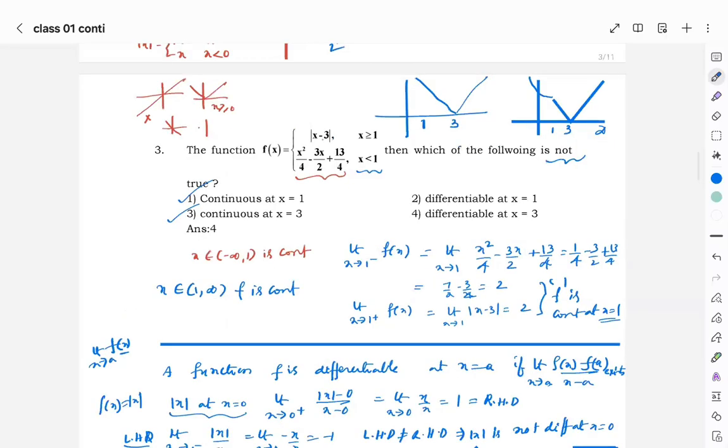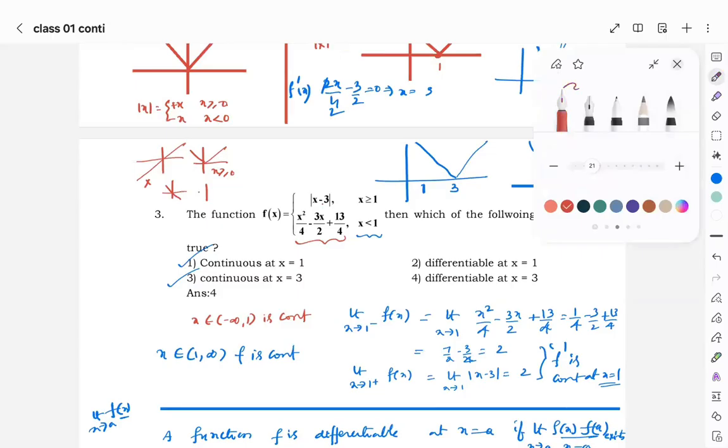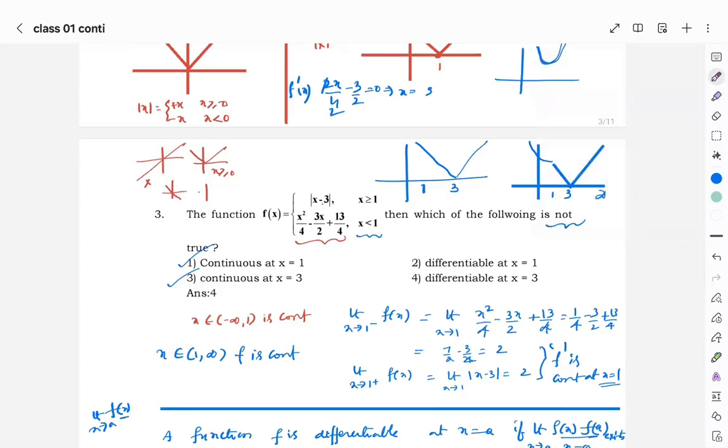So now you can see this graph. Obviously, at 3 you have a sharp edge, so it is not differentiable at x equal to 3. At x equal to 1, it is discontinuous, so obviously not differentiable.